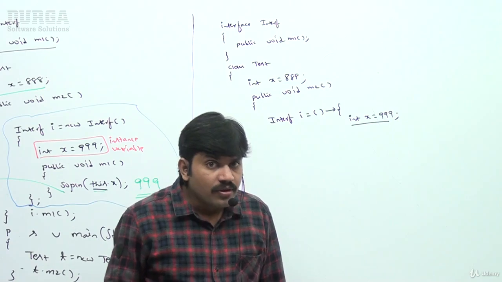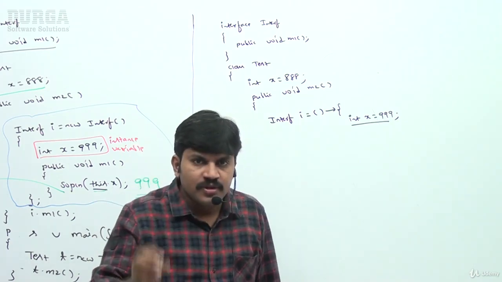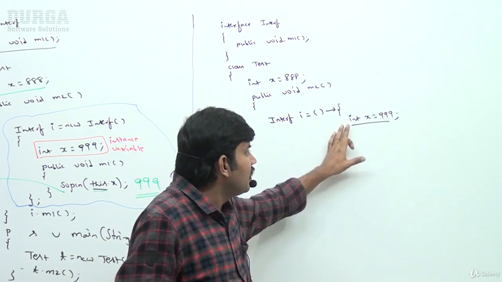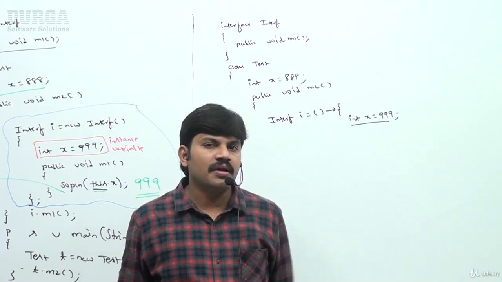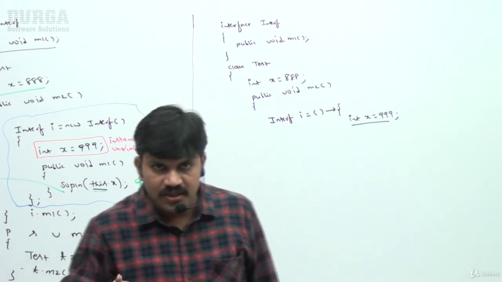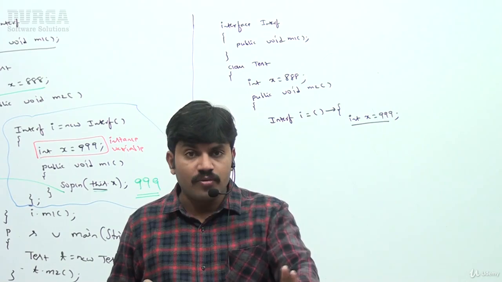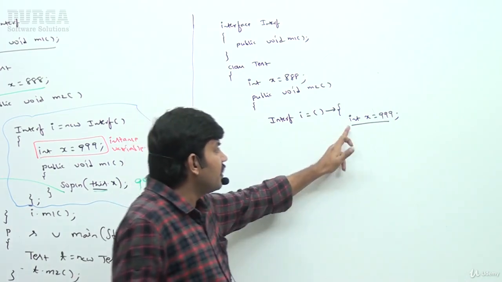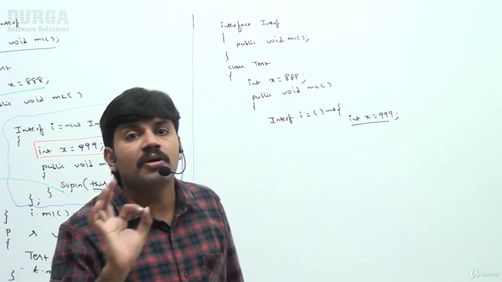Inside lambda expression, is it possible to declare instance variables or not? Point number 1, very dangerous, sir. Inside lambda expression, it is not possible to declare any instance variable. The variable which is declared inside lambda expression always acts as a local variable only.